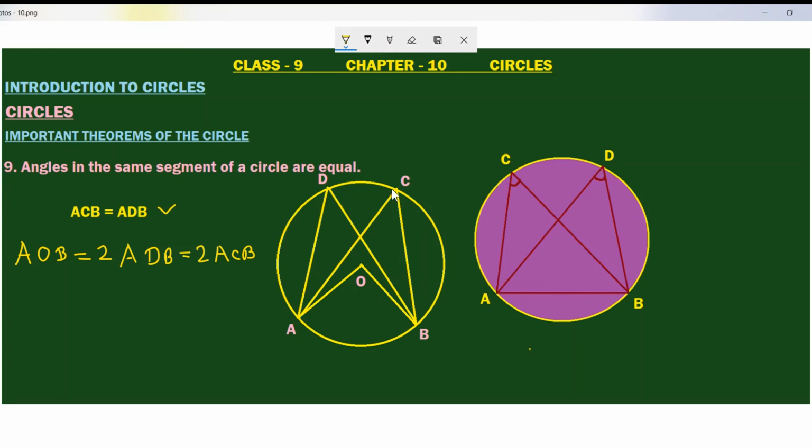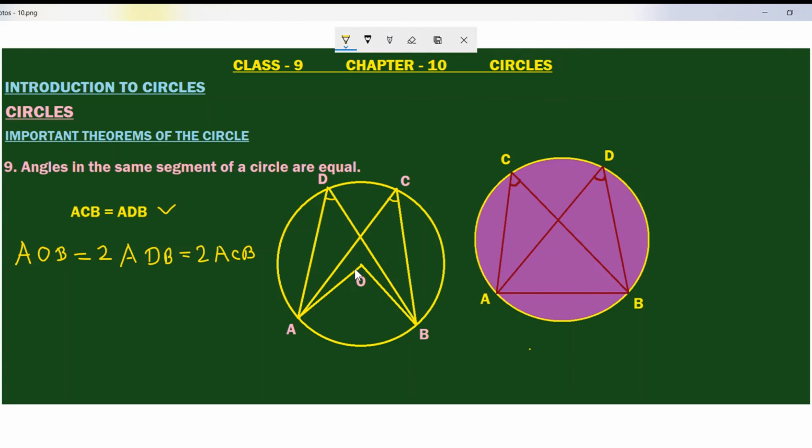Both the angles are subtended by an arc AB, so according to theorem number 7, I have written AOB is double of ADB and AOB is double of ACB. These two angles.